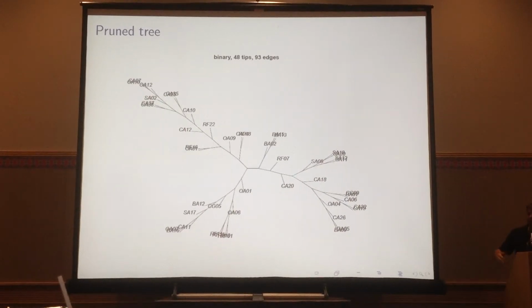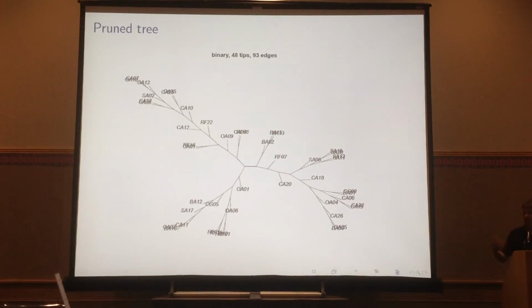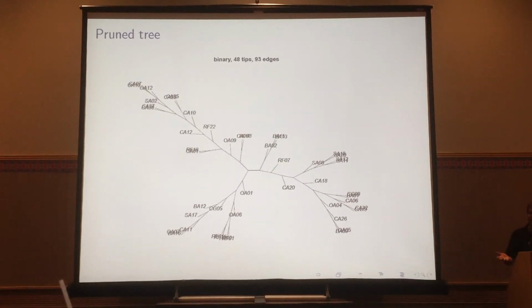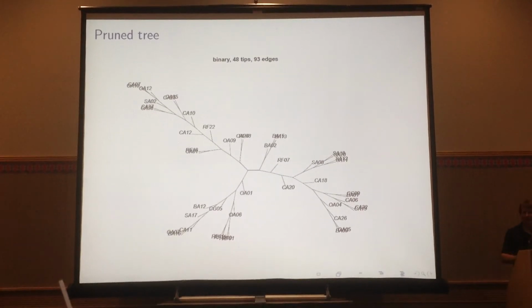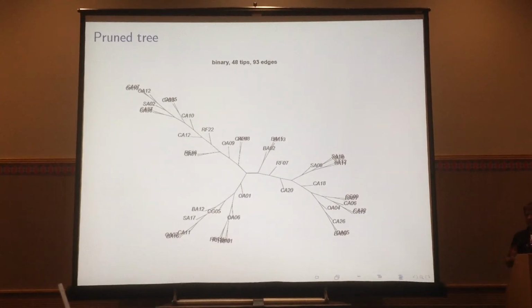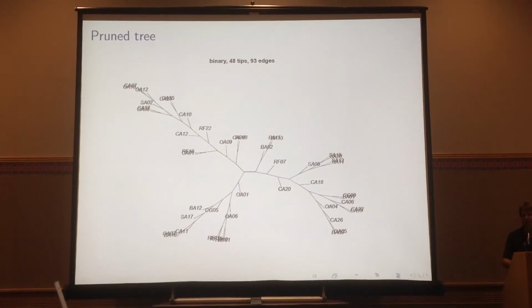And if we prune away all the duplicate sequences, we are left with 93 edges. If we use the AICc value, the order of our models may change, even though the likelihood for each of these three trees is the same, because all these edges are 0.